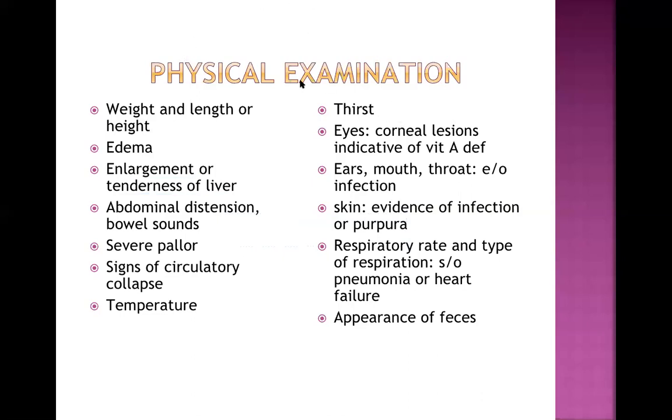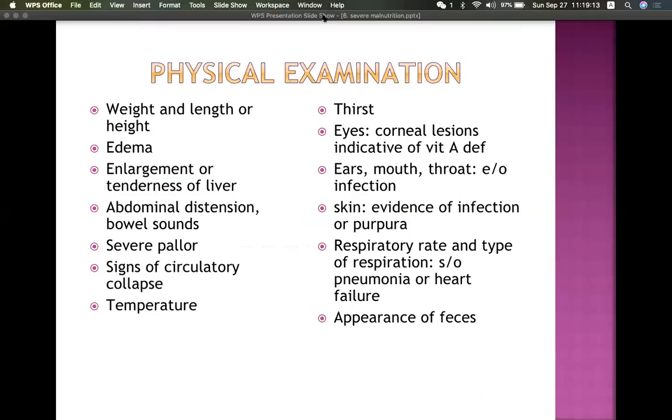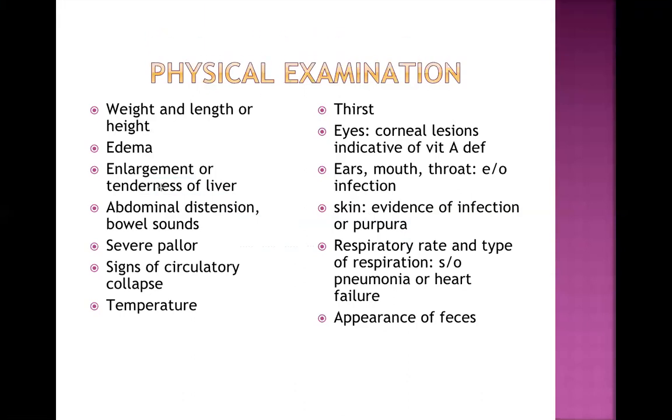Now let's move on. Another one is signs of circulatory collapse. So what does that mean? This is shock, okay. Signs of circulatory collapse means features of shock. Now there are two important types of shock which can happen in malnourished child.